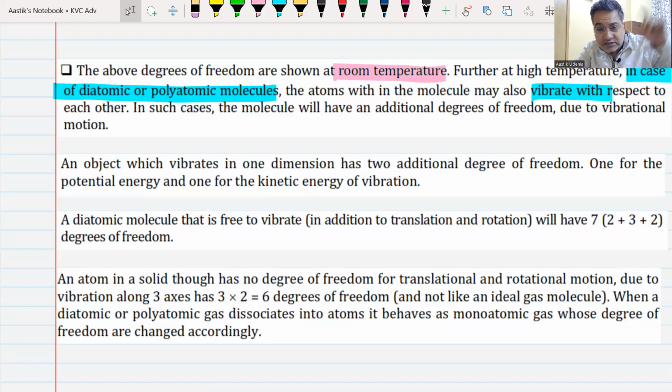And for one axis of vibration, they will have 2. They can vibrate on all 3 axes, and therefore their number of degrees of freedom would be 6. Remember this. Do we understand this? Yes, sir. 2 minutes you have.